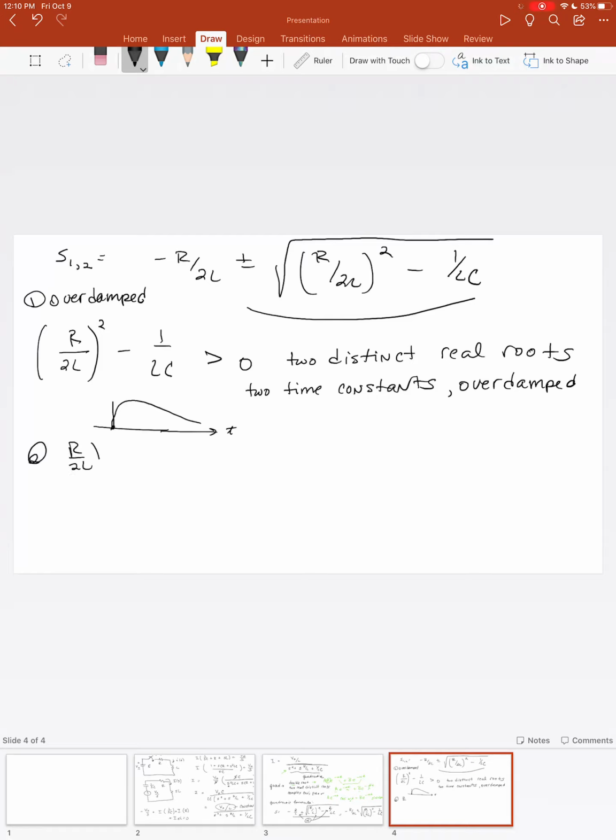Option 2 is that (R over 2L) quantity squared minus 1 over LC is equal to 0. In that case, we have a double root and a single time constant.